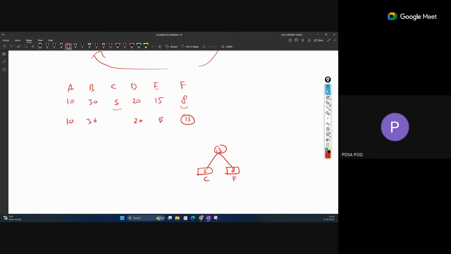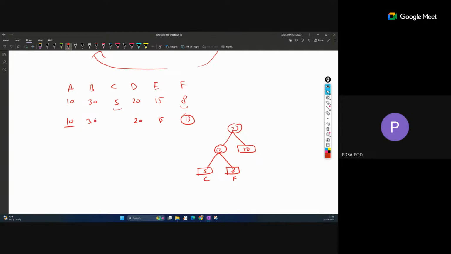Which are the two smallest now? 10 and 13. 13 is already in the tree. We just consider this 10 with this. So 13 and 10 make 23.